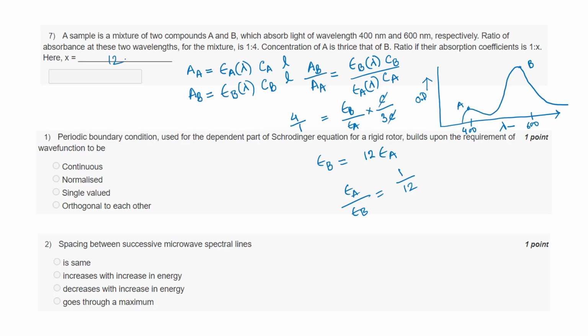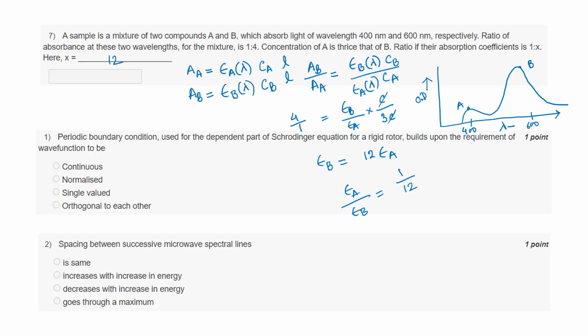So from here we get the idea that the molar absorption coefficient of B is much higher than that of A, because even if the concentration of A is higher, still the absorbance is higher for B, 12 times. Anyway, that part I think is clear.